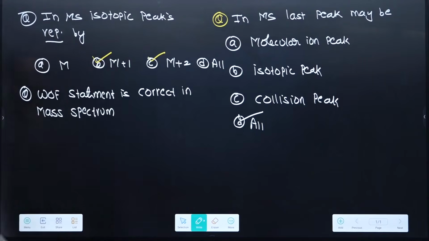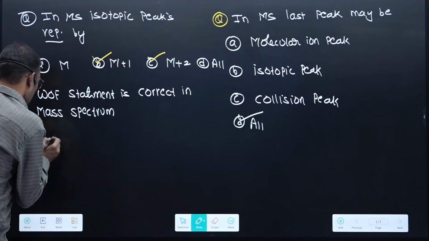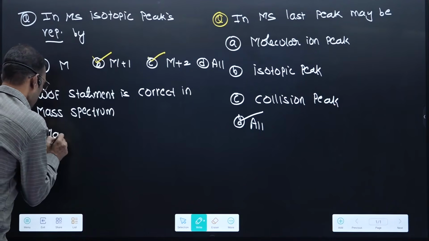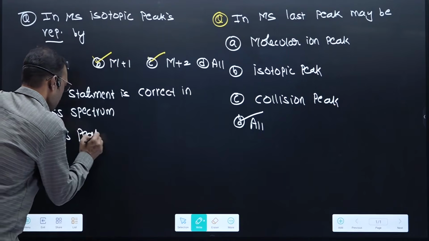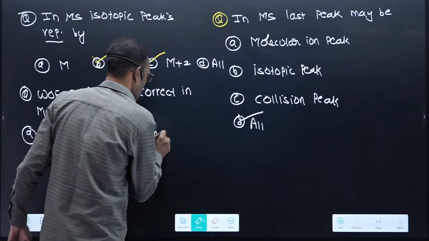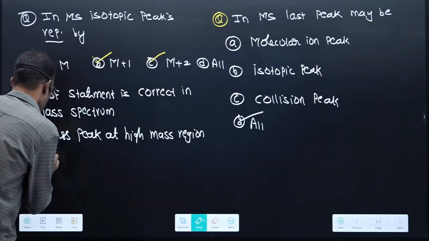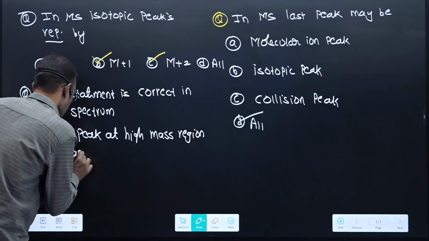Option A: the mass peak at the high mass region is the base peak.